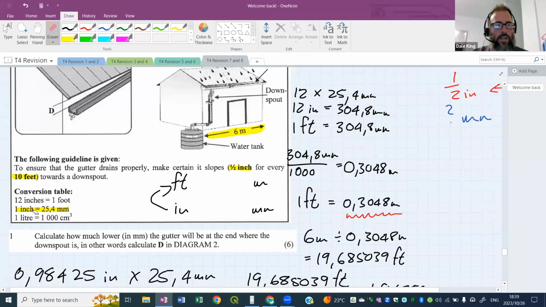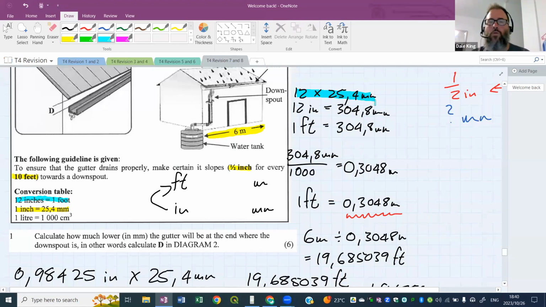So what I'll do is I take this conversion, 1 inch is equal to 25.4, which we have up here, and I want to change this to a 12 inch to a certain number of millimeters conversion, because I know that 12 inches is 1 foot. That's what they tell us here at the top. 12 inches is 1 foot. So I'm going to take my 1 inch up to 12. I said, if 1 inch is 25.4, then how many millimeters is 12?